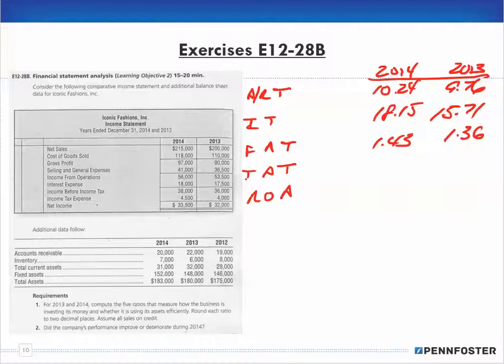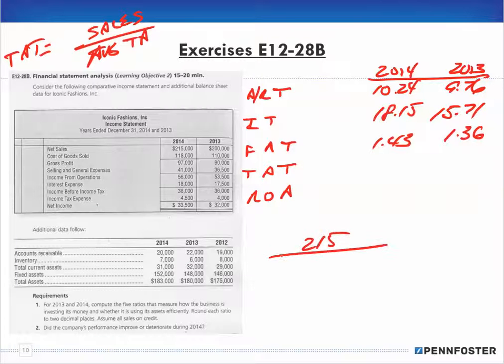Then we have the total asset turnover. Total asset turnover is equal to sales over my average total assets. So my sales are 215,000 over my average total assets.